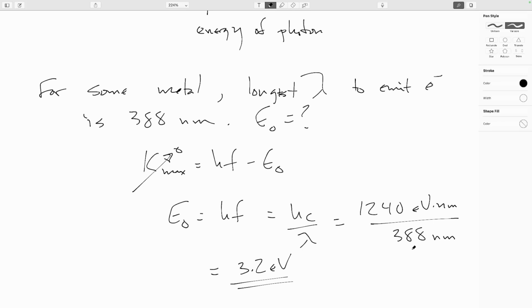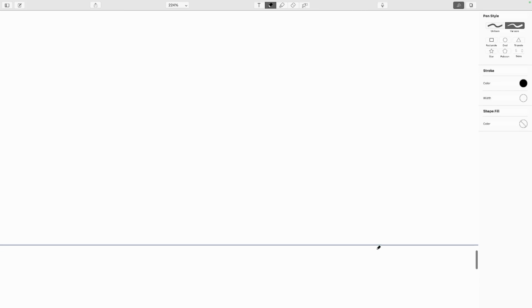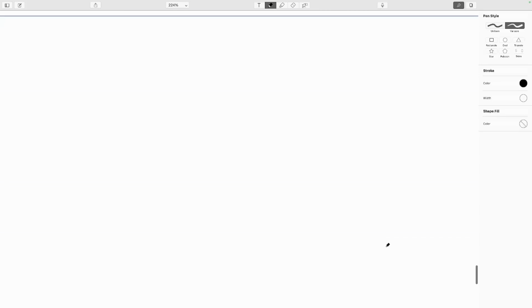All right, so let's think about what else we might know about the photon. We can actually use some relativity here to get the photon's mass. If we remember from Einstein's theory of special relativity, we can write that the energy of anything is gamma mc squared.